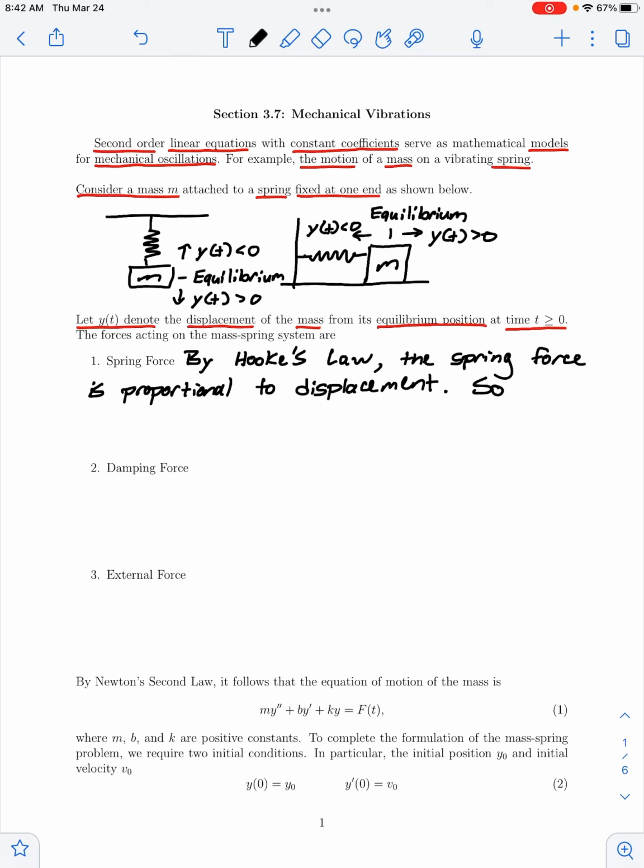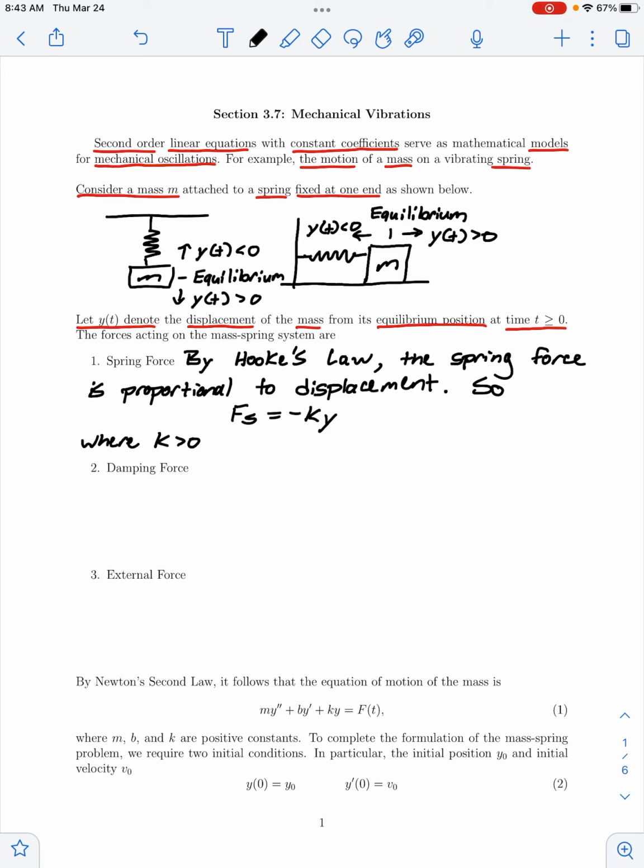So we would say that our spring force, let me denote it as F sub S, is some constant times the displacement y. And to indicate that we're acting in a direction opposite of displacement, I'll put a negative in front of this constant k and specify that k has to be positive.